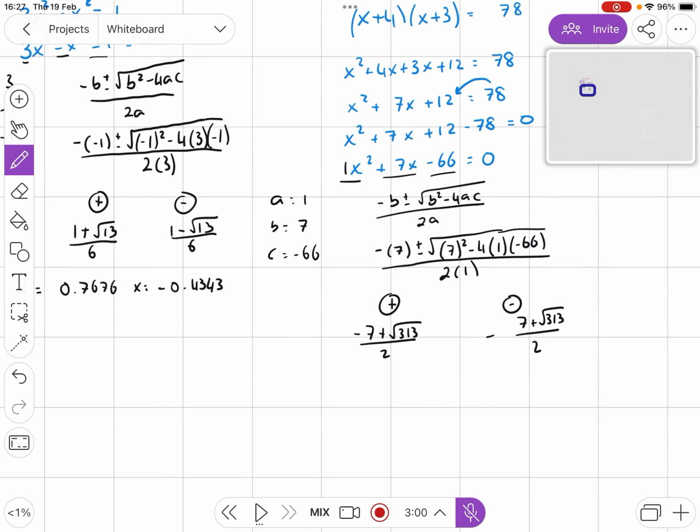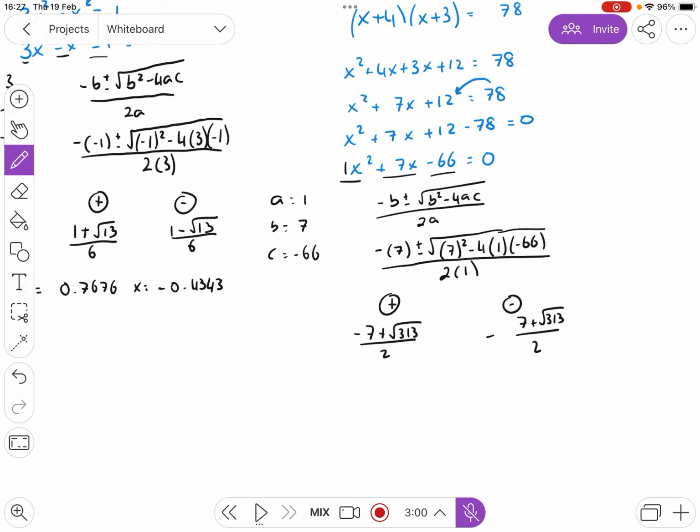If I write them as numbers, then the first one turns into 5.3459, and again I'm rounding to 4 decimals here. And my second one comes out to be minus 12.3459 as well.